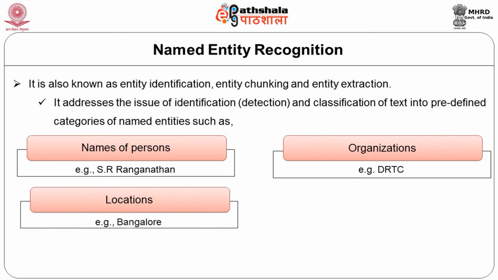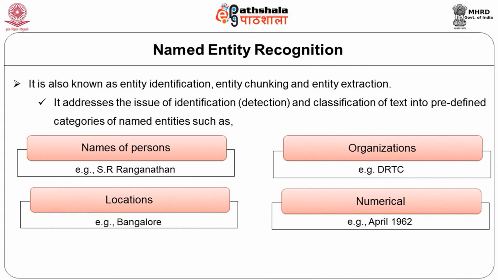So, say one person is looking for the census of the Bellary district. There the word Bellary is of course the proper noun. It gives a very good clue that it is the name of another space entity called district. And then there are expressions of time, such as the example shown, April 1962.